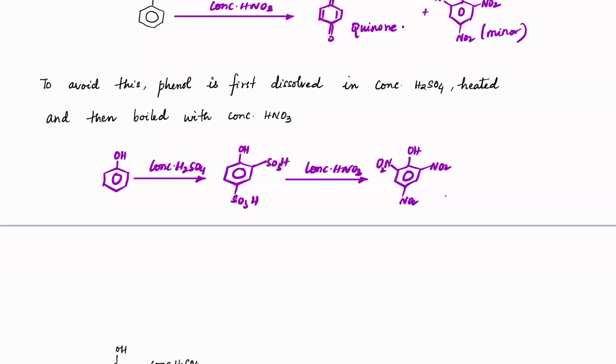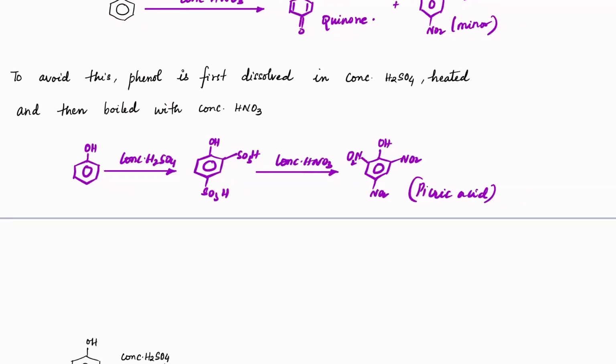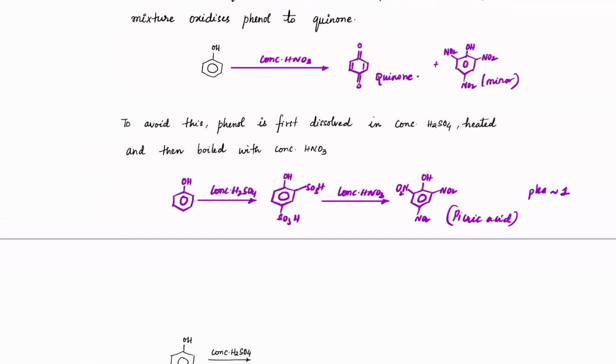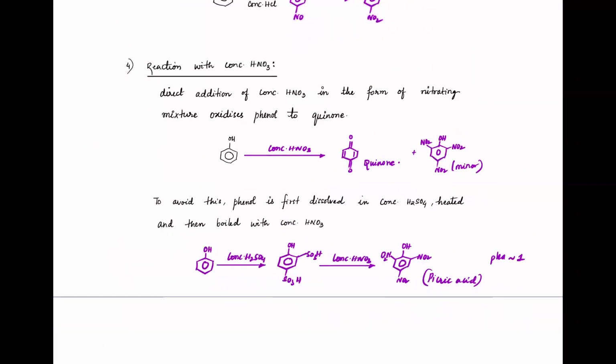Okay, so this is picric acid. Desulfonation this time would happen because you are still putting it in acidic medium, and that's how you'll end up getting 2,4,6-trinitrophenol. Now, the importance of this is that it's a very highly acidic organic compound. Okay, so the pKa value is nearly 1. I hope this part is clear, everyone.